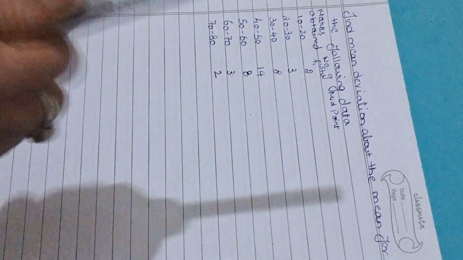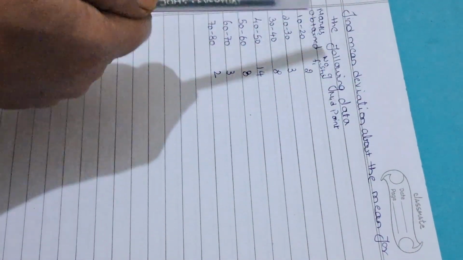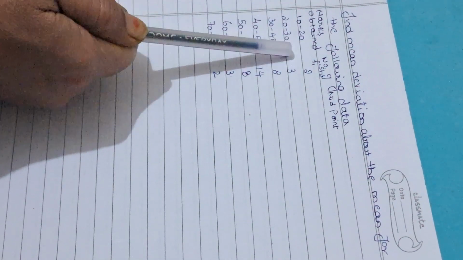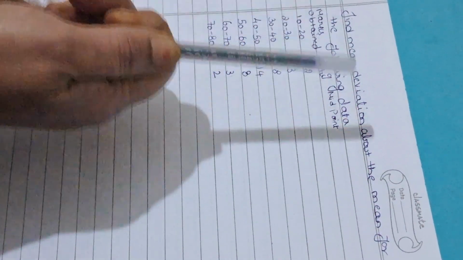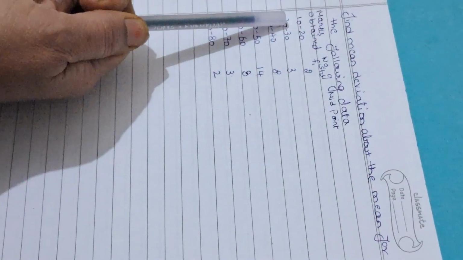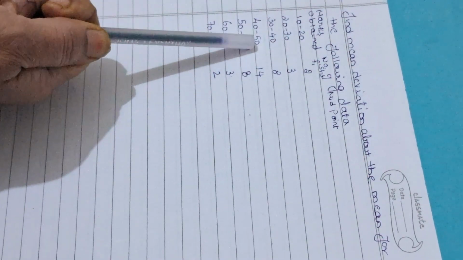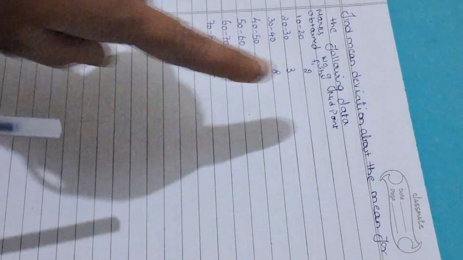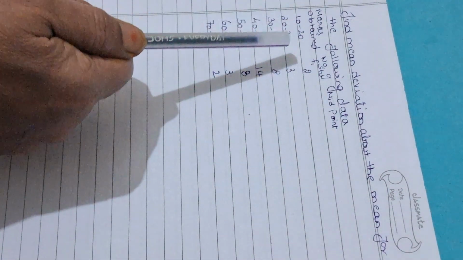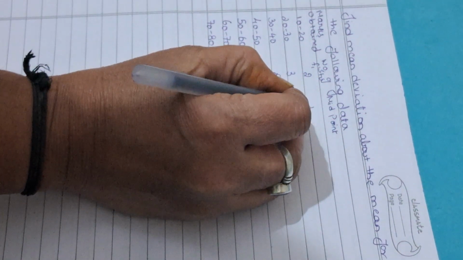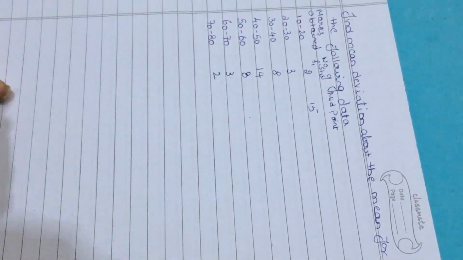We always get it from the two numbers of the class, for example between 10 and 20. Instead of counting, we can just do 10 plus 20 divided by 2. These two numbers divided by 2 give the midpoint. So 10 plus 20 is 30, and 30 by 2 is 15. This is how we calculate it.